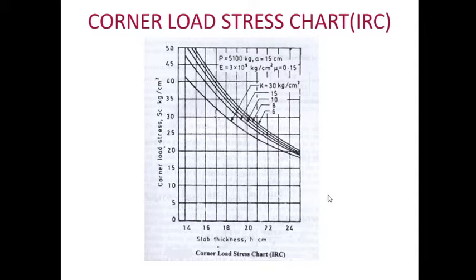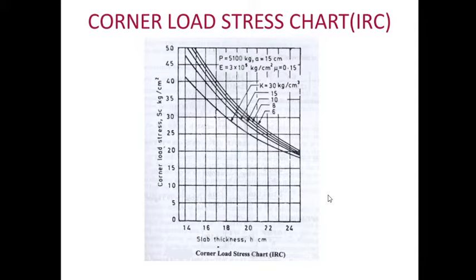So the residual concrete strength is 22.7, which is greater than the load stress, that's why the design is okay. If it is not, what do we have to do? Then we have to repeat the procedure once again by assuming slab thickness as 25 or 27. This is the method for design of rigid pavement.